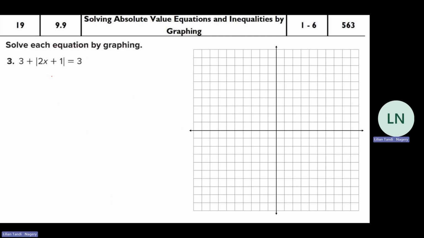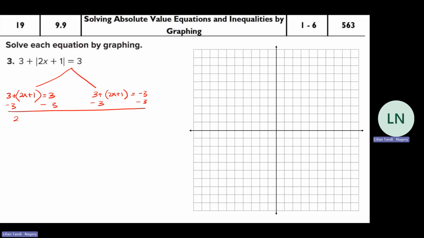All right. Case 1, case 2. I'll subtract. No, case 1, case 2. Do case 1, case 2. And you will get, what will you get here? You will get 3 plus absolute value 2x plus 1 equals to 3. 3 plus 2x plus 1 equals to negative 3. Subtract 3 on both sides.